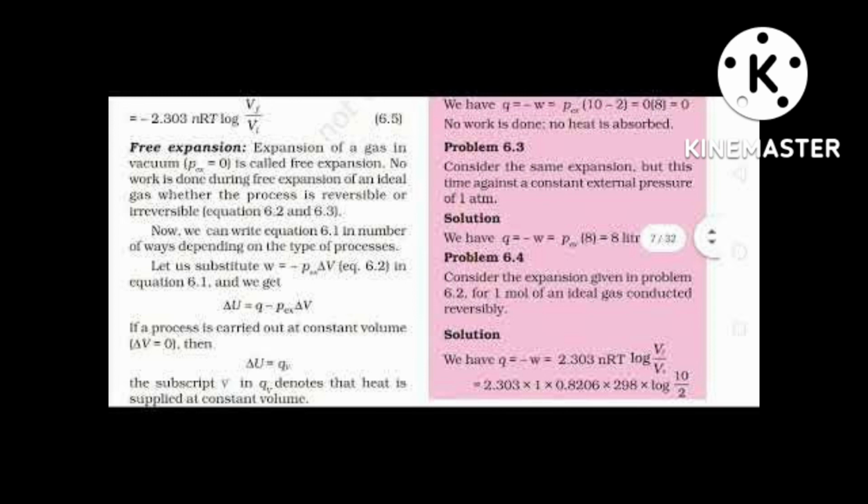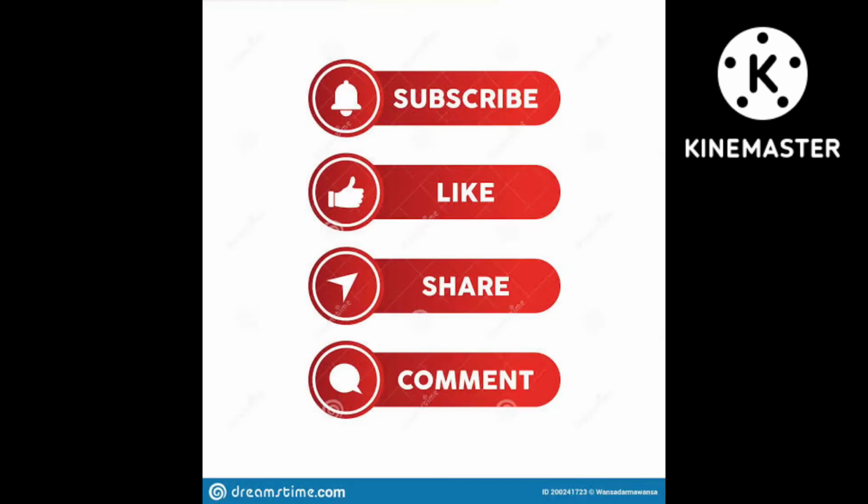If they have not given, then you can consider normal values: universal gas constant in the normal way, normal temperature, and number of moles 1 mole. The final and initial volumes are already given. Then you will get 16.1 liter atm.